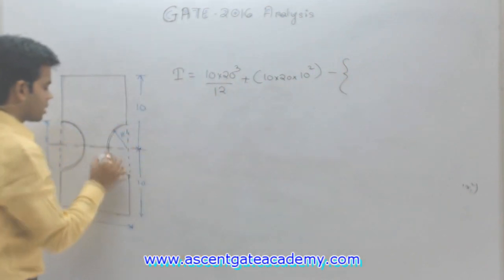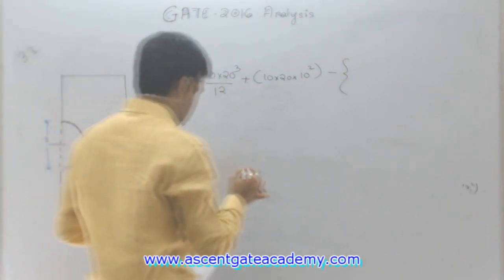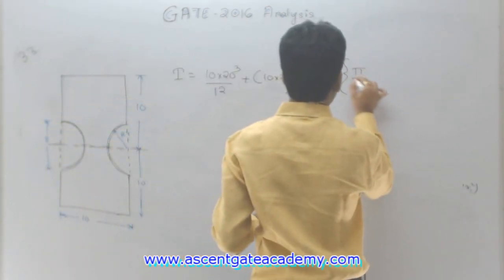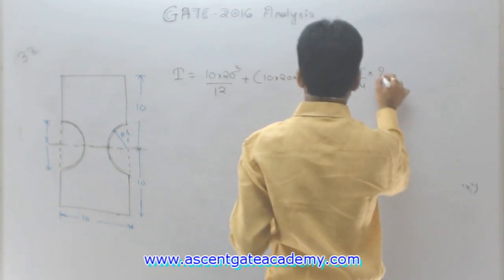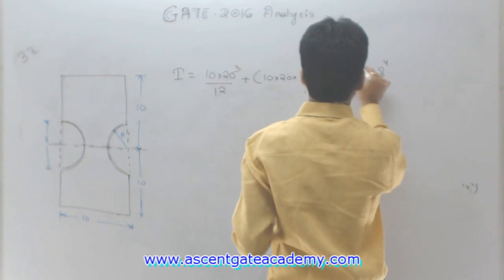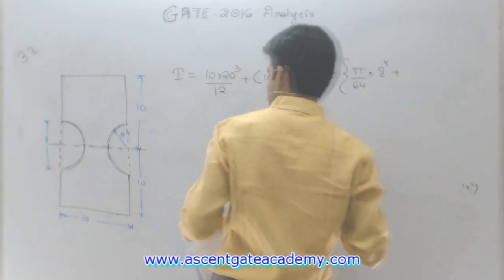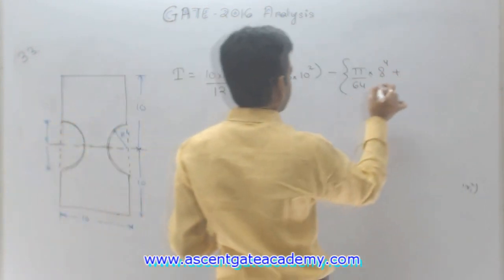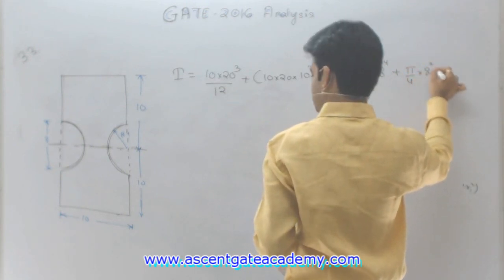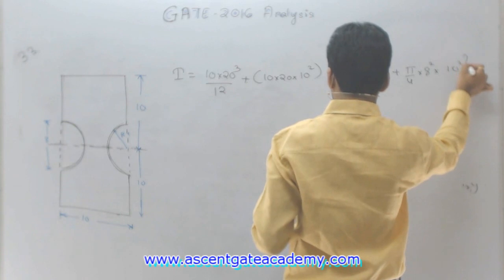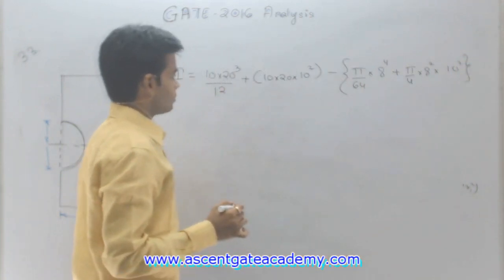Minus, now we will find that of this circle. And what is the moment of inertia of the circle? Pi by 64, d raised power 4, the diameter is given as 8, raised power 4. Plus, now transfer it: area, that means pi by 4 into d square, into 10 square, area into distance square.